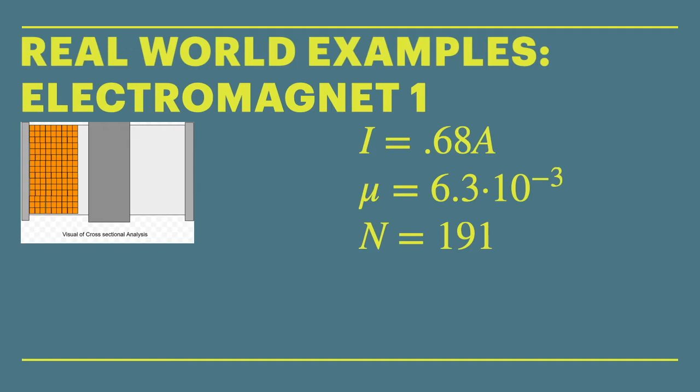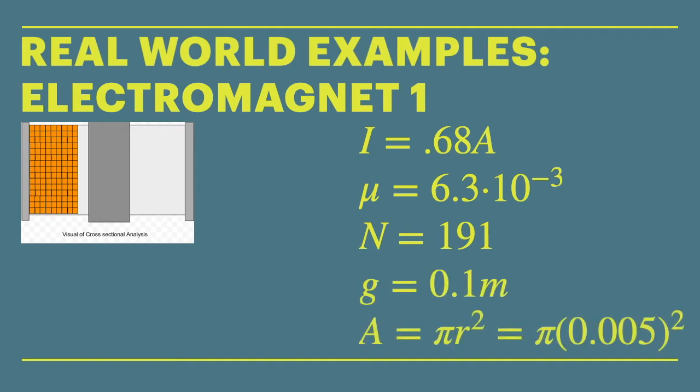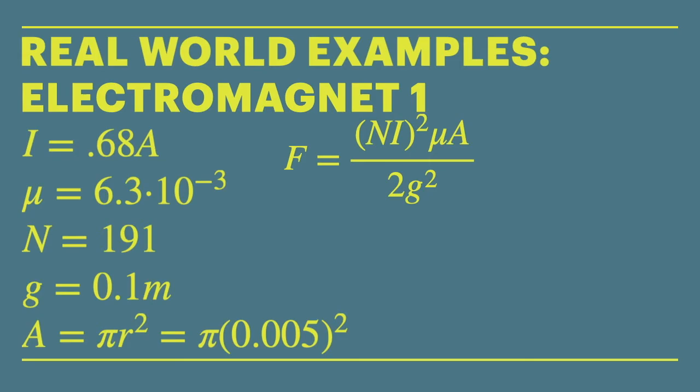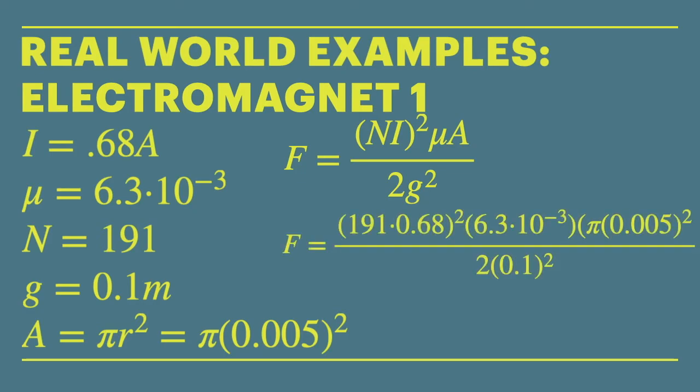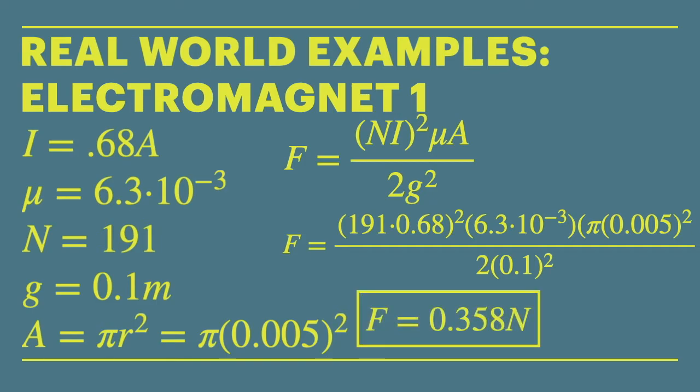Furthermore, we calculated the radius of the core to be 5 millimeters, and therefore we will plug in for pi r squared to make our cross-sectional area. Thus, the equation F equals N I squared times mu times A, all divided by 2G squared, can now be filled in to create 0.358 newtons of force. This measurement was taken at 10 centimeters for our G.